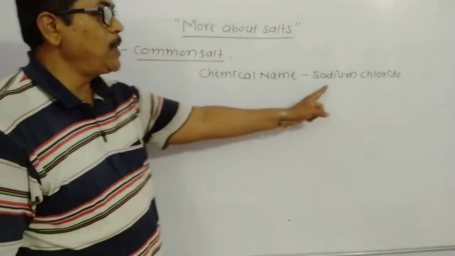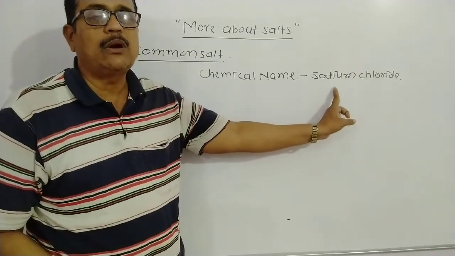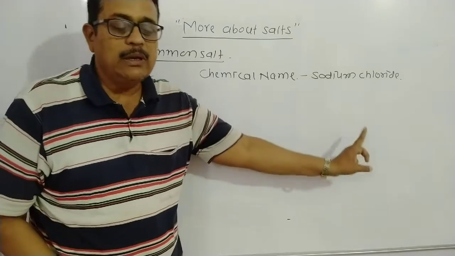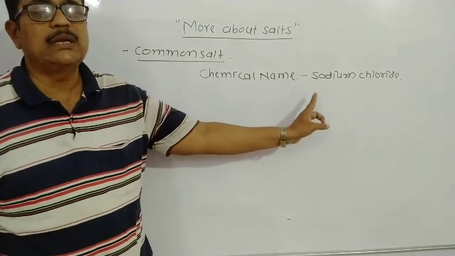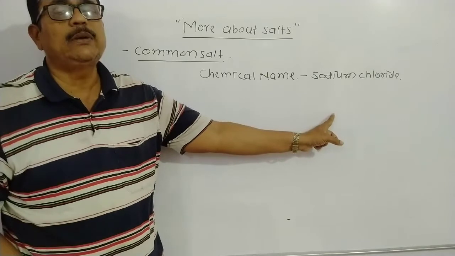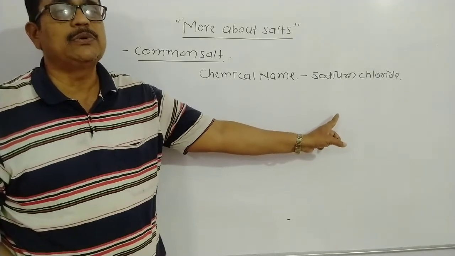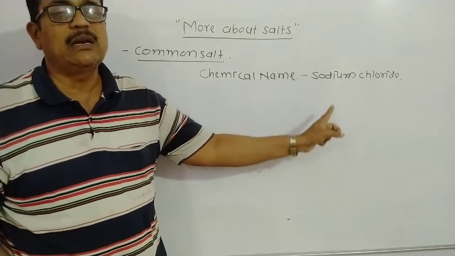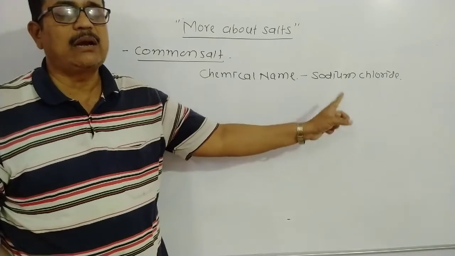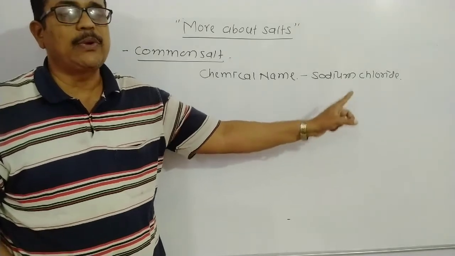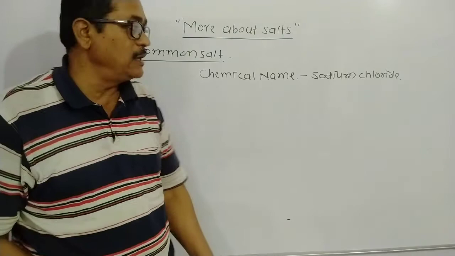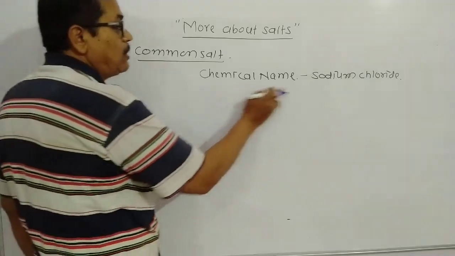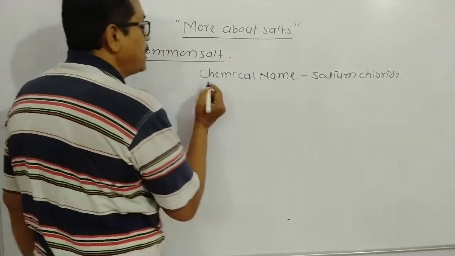You know, it is the product of a neutralization reaction. In yesterday's video we studied how common salt gets produced. NaCl gets produced when strong HCl reacts with NaOH, and the product is a neutral salt, NaCl. That is the chemical name of common salt, sodium chloride.